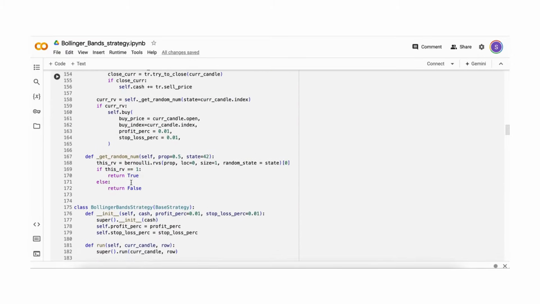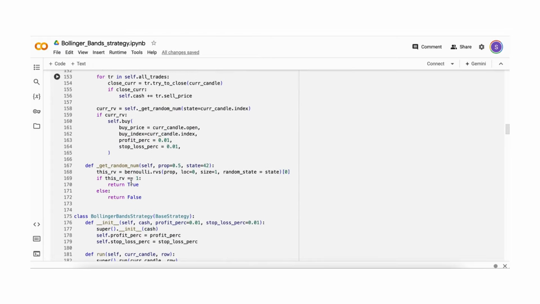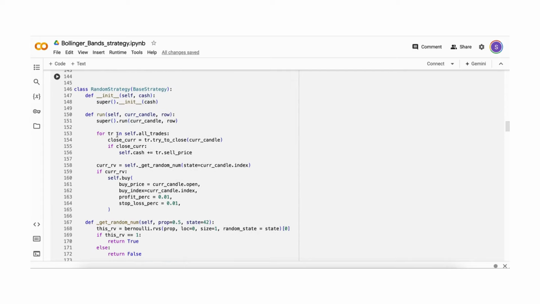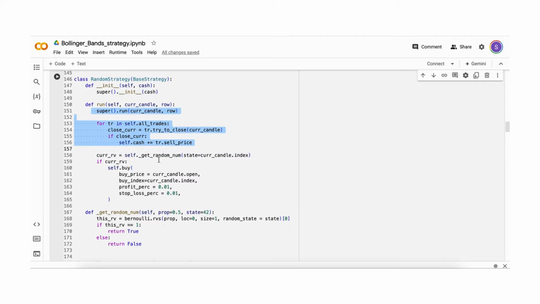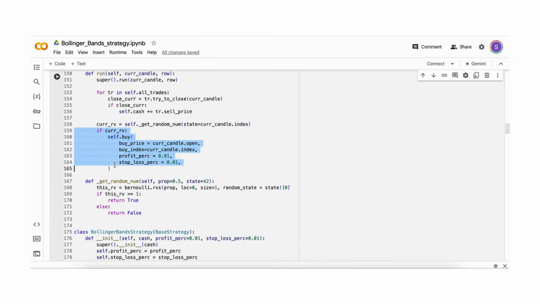So let's look at what happens in these strategy class definitions. If you're familiar with my backtesting library, the strategy says when to enter a trade, which is the most important thing. This run function says when to close a trade, which is fixed stop loss and take profits. In the random strategy, we enter a trade if a random variable is 1. And this is the command to enter a trade.